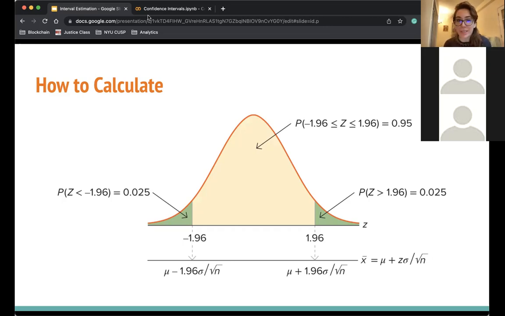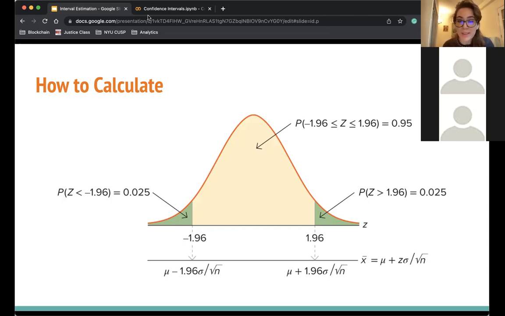In this case, we get 1.96 just using the table, or you can use Python for getting that value. And this would imply that there is a 0.95 probability that the sample mean of X bar will fall between the mean minus 1.96 times the standard error and the mean plus 1.96 times the standard error.